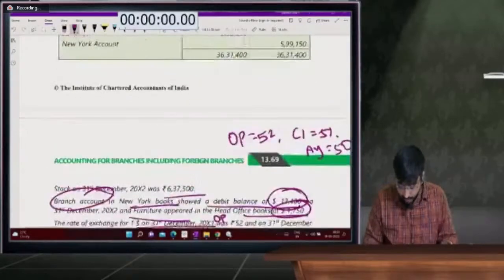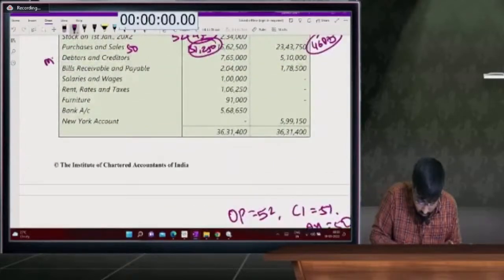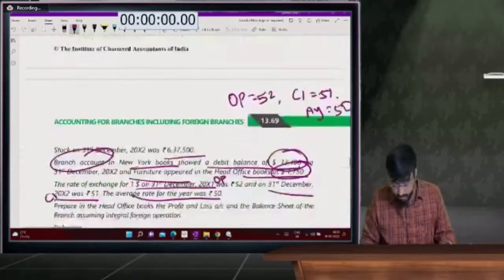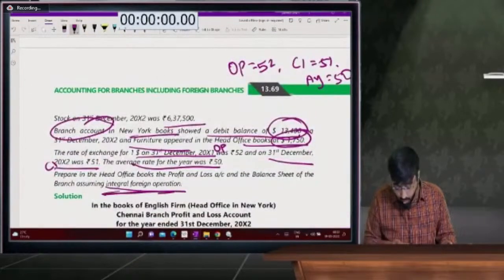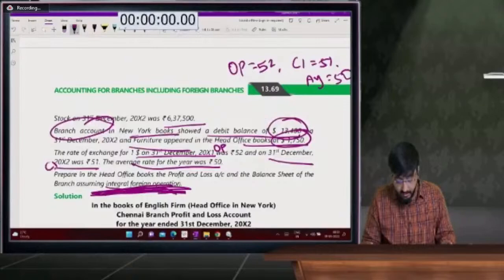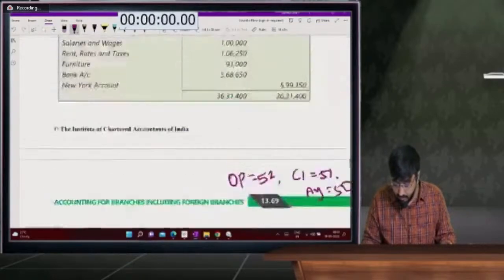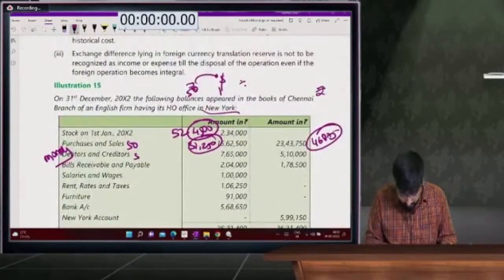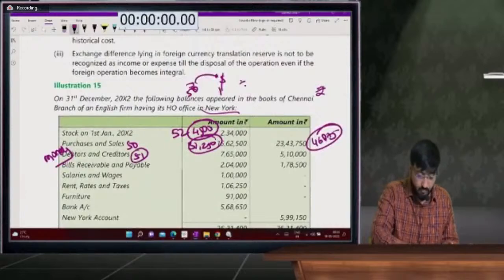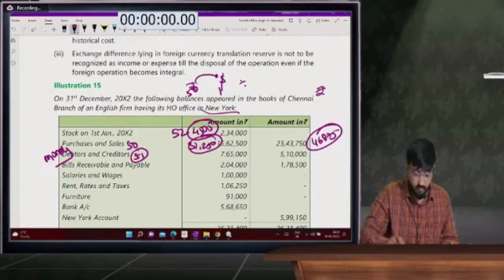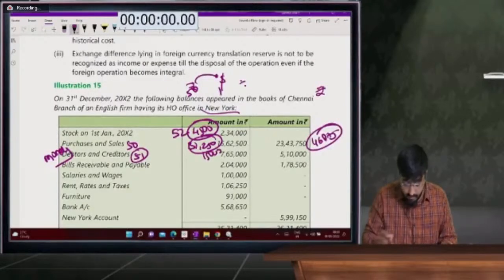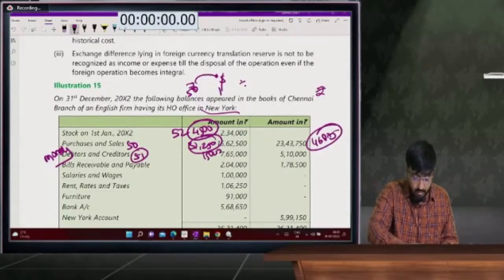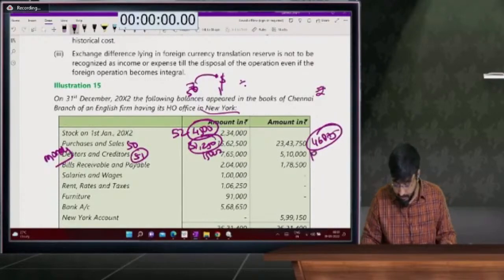For debtors we use the closing rate, as this is a monetary item. This is an integral foreign operation, as given in the question. Debtors I will divide by 51: 15,000, and 5,10,000 divided by 51 is 10,000.